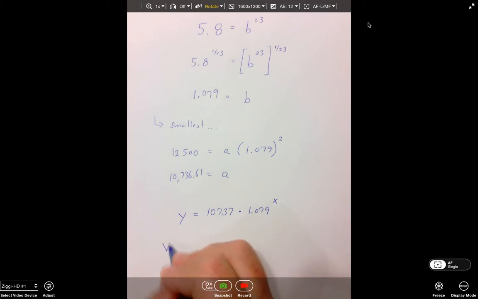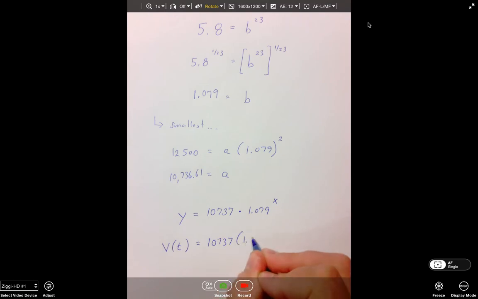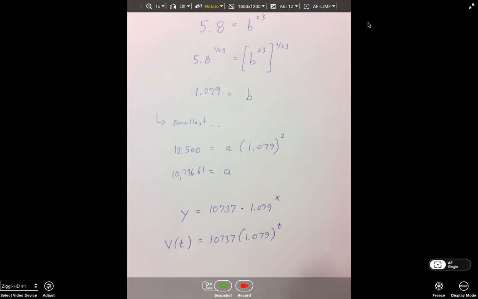What I may want to look at this is the value in terms of time, t years after the investment is made.